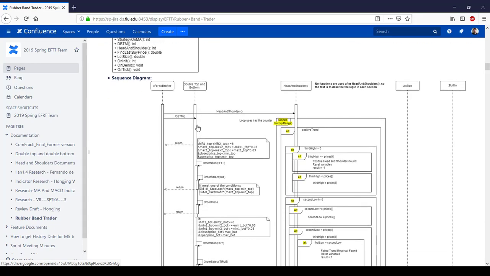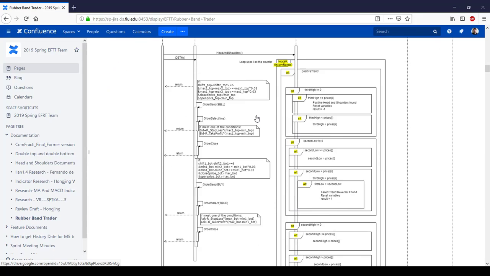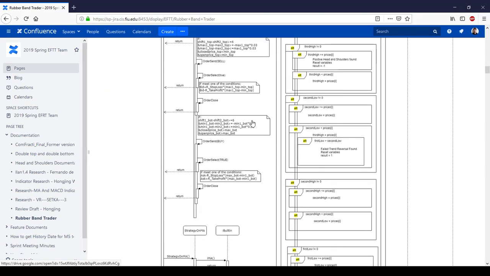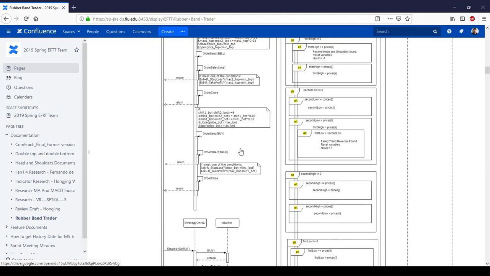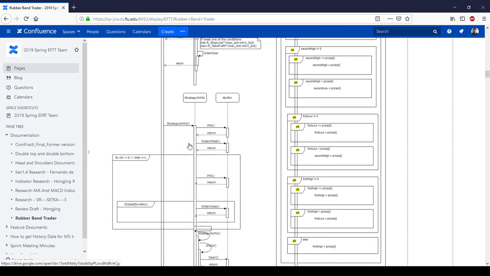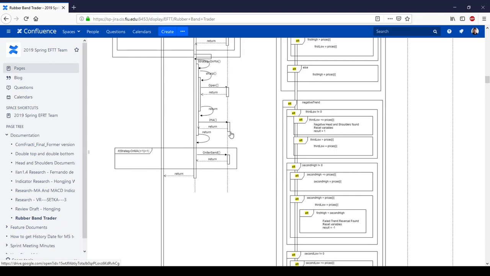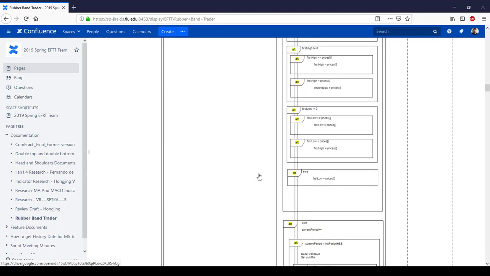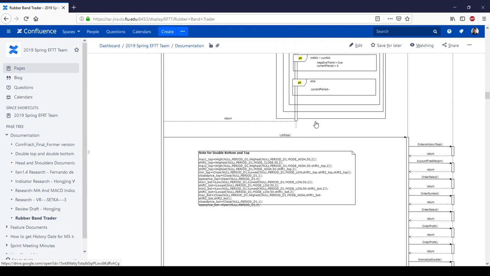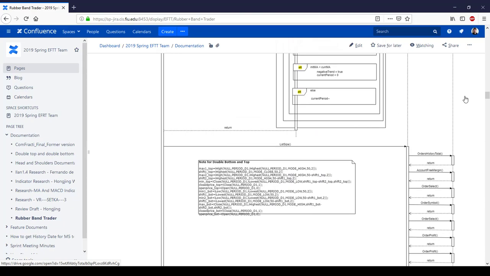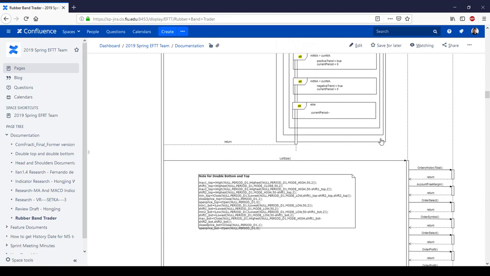For double top and double bottom, you can see the logic here, which just looks for the double top and double bottom pattern and makes trades based off of that. Further down, we have the moving average strategy, which goes to here, and you can still see the head and shoulders algorithm going all the way past all of that.